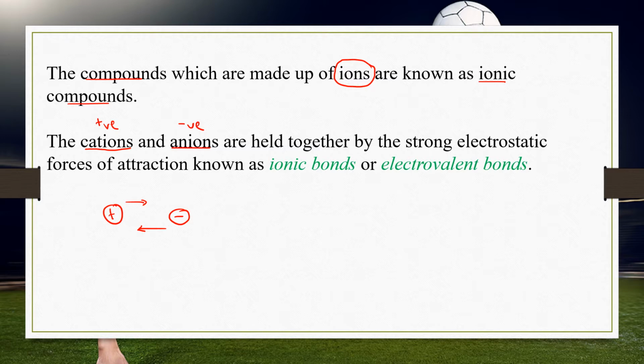So the cations and anions are always held together by the strong forces of attraction, and these will be called ionic bonds or electrovalent bonds. So the process of these atoms sticking together is what will be the bond. So ionic bonds will be formed due to the Coulomb's force of attraction between opposite charges.